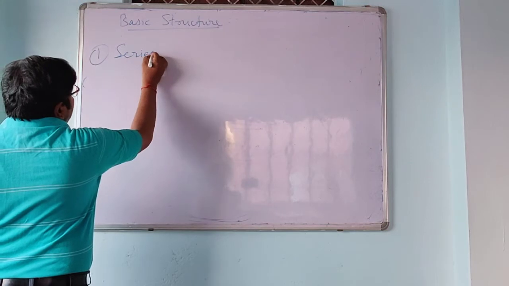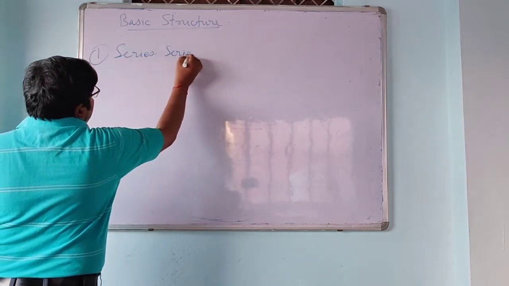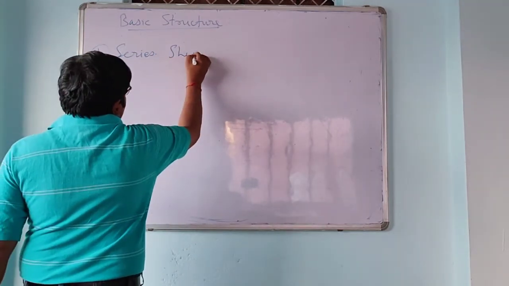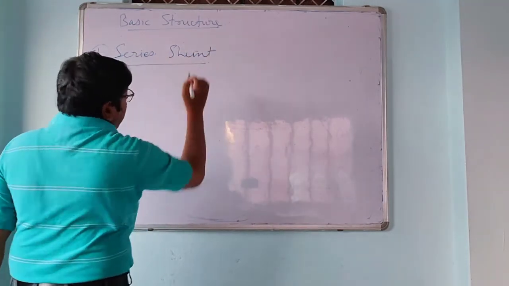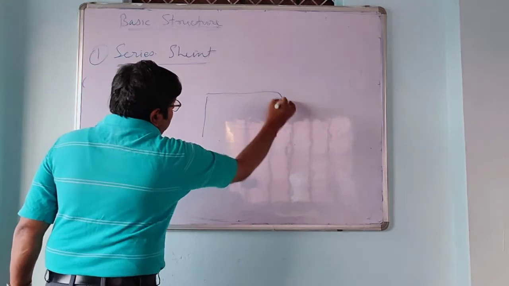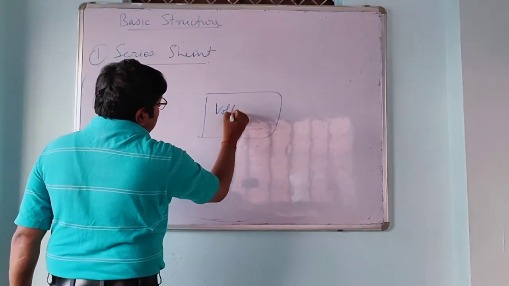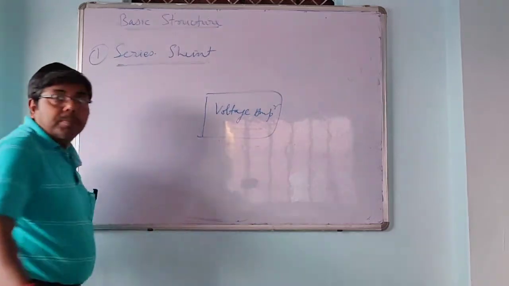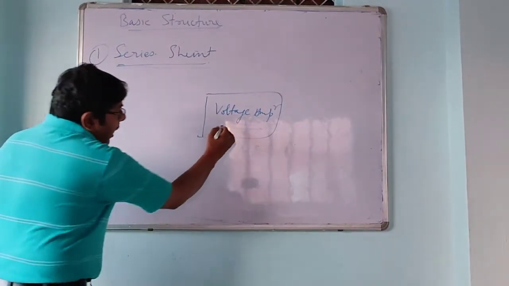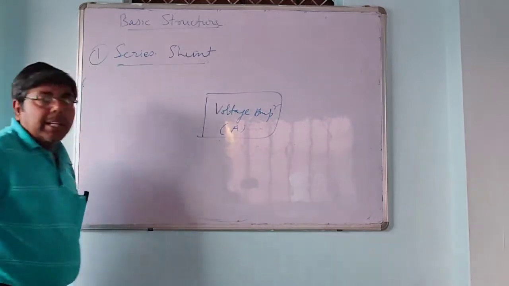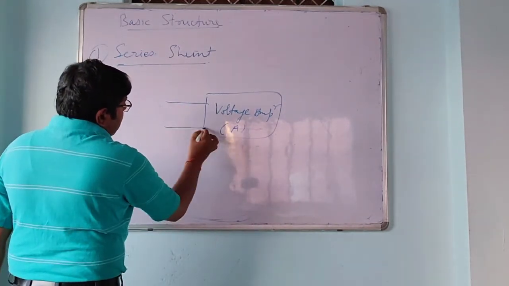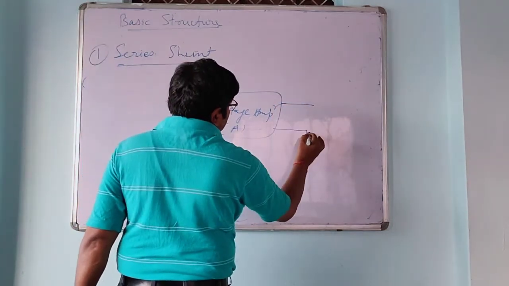series-shunt, and this is based on the voltage amplifier. First one is the voltage amplifier. So the basic gain of this voltage amplifier you can say A. So obviously two things are there, input and output.